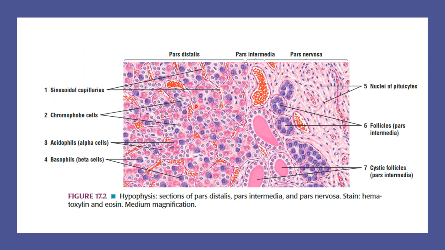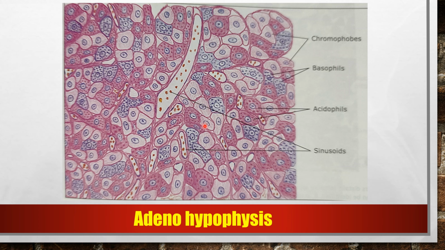Now we will see the functions of these cells. Before that, this is a line diagram to show the features of chromophils and chromophobes. These are the acidophils, and we can clearly make out the granules stained with eosin. Now these are the basophils, stained with hematoxylin.